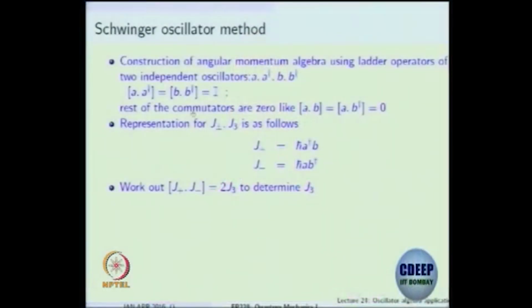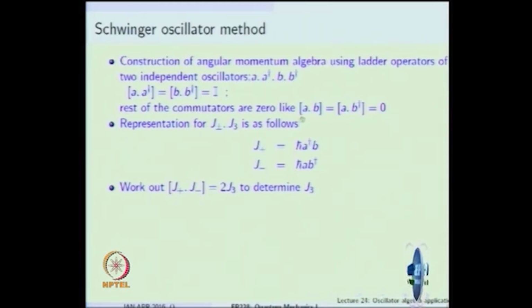So we are going to write a representation. You can represent the angular momentum ladder operators J plus, J minus and Jz or J3 as follows. Let's take two ladder operators, with one of them as raising and another one as lowering.